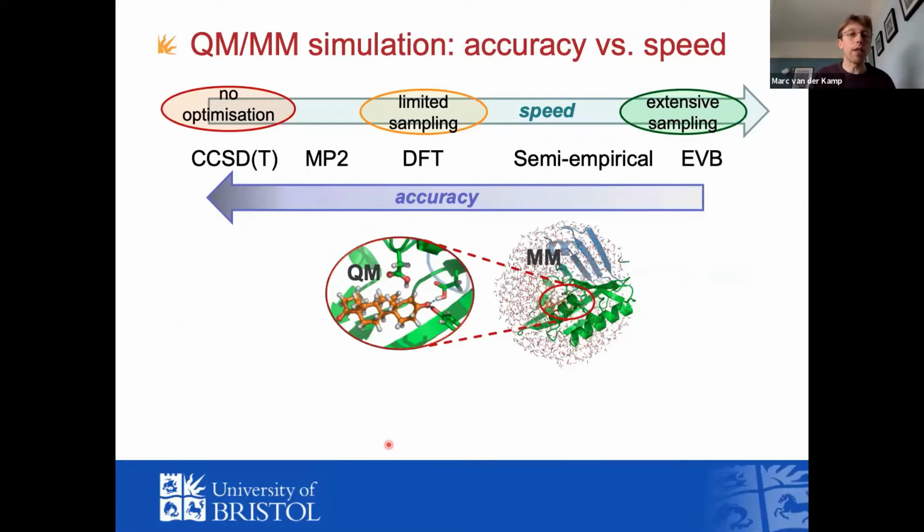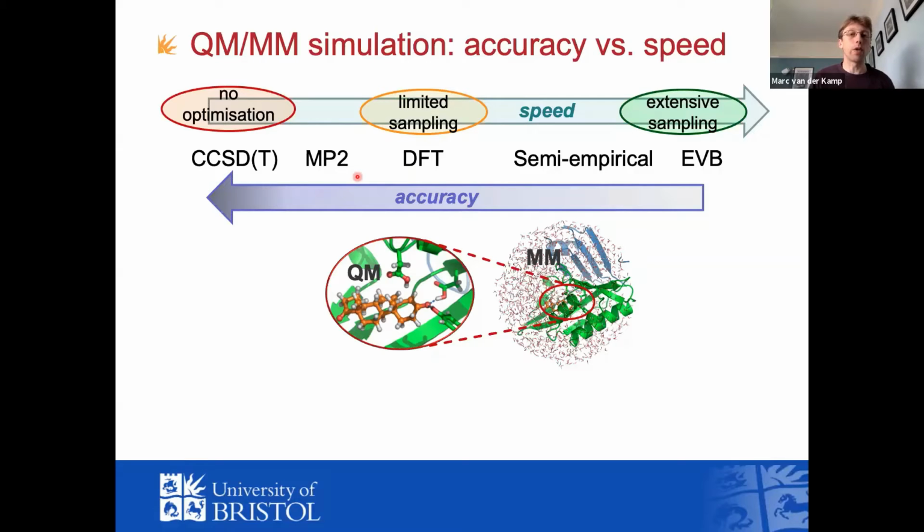Now, a little bit more into the nitty-gritty of QM/MM. If you're not a quantum computational chemist, then you might not be familiar with all the letter soup that is involved. But I'm putting this slide up to make a potentially obvious, but important point, and that is that if you are keen to get really accurate energies and really accurate structures, then you need to go to higher levels of quantum chemistry, but that will come at a cost.